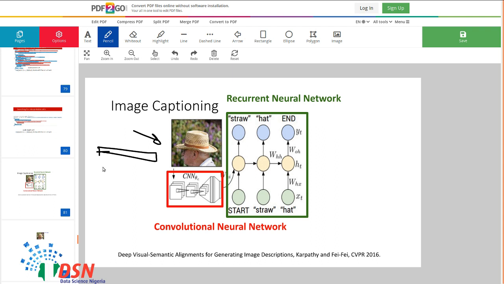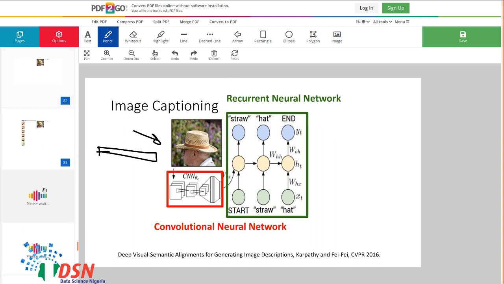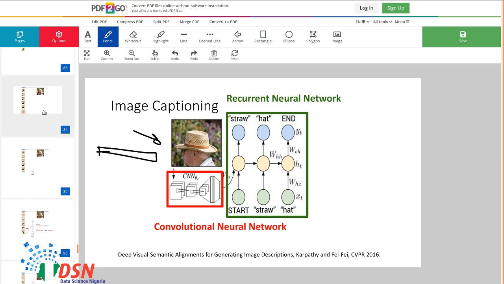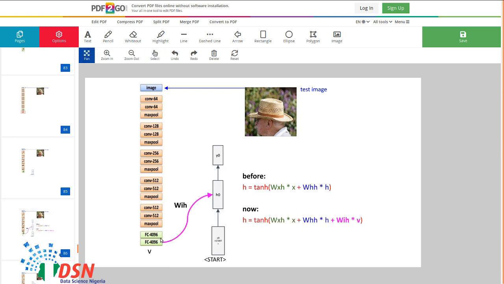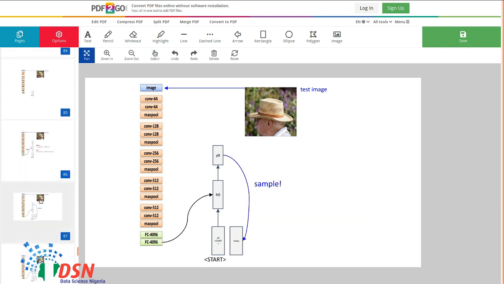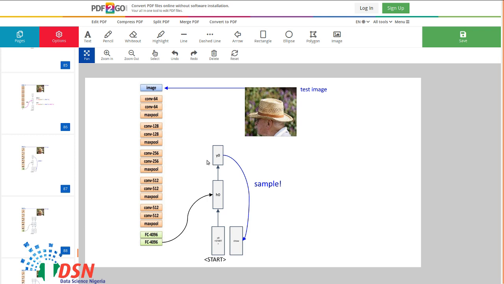Okay, so in this case we could have a neural network, so we could pass the image to that neural network to get the feature vector, and we could pass the feature vector to the RNN as the first hidden state, and so on, and we could get the first output.